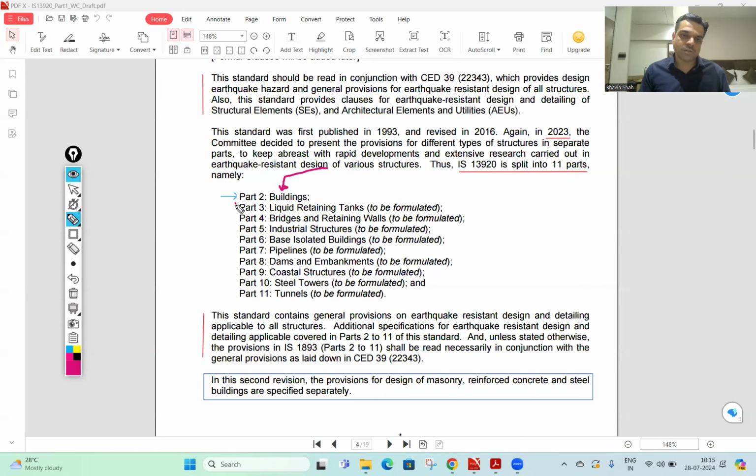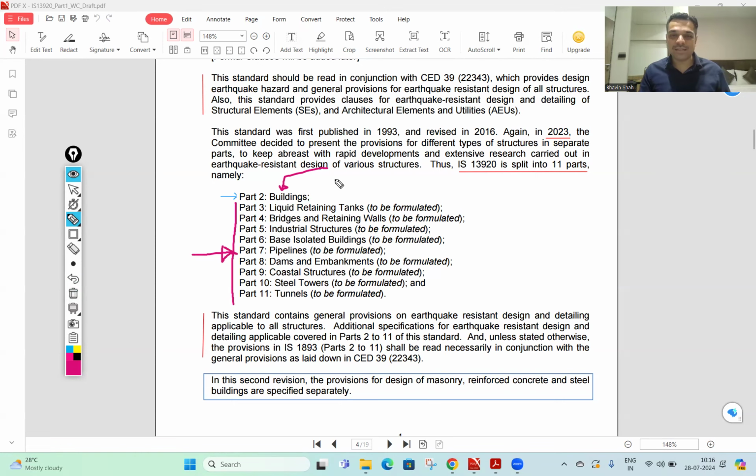And the remaining parts, part 3 to 11, focus on liquid retaining tanks, bridges and retaining walls, industrial structures, base isolated buildings, pipelines, etc. These are a few more parts which we'll see in the near future.